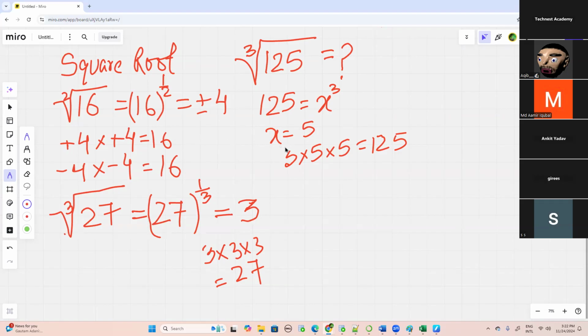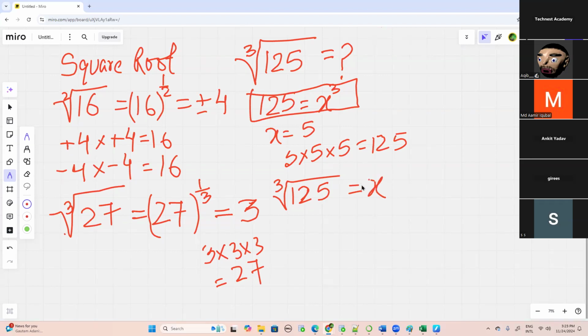This was about cube root. Now, try to understand a little bit more about this equation, how I got this equation. See, when I have written here cube root of 125, let's say the value of this is x.